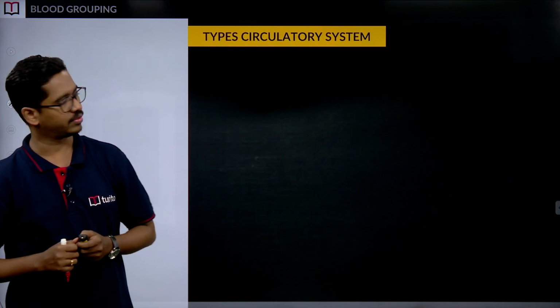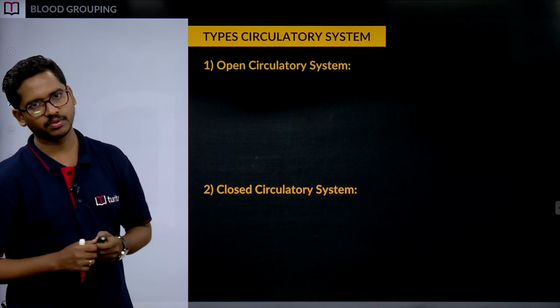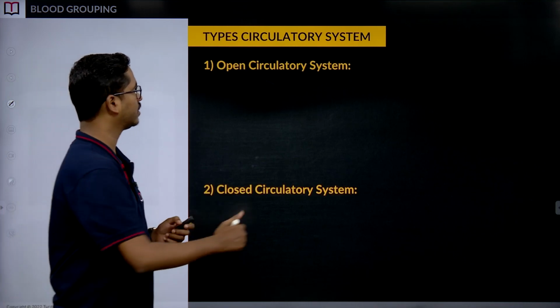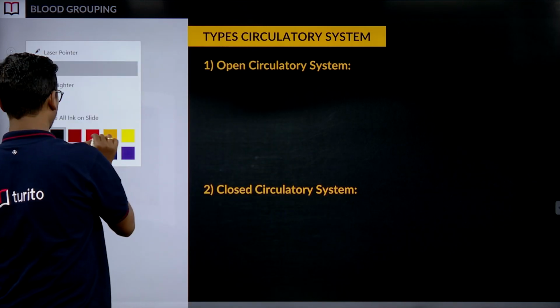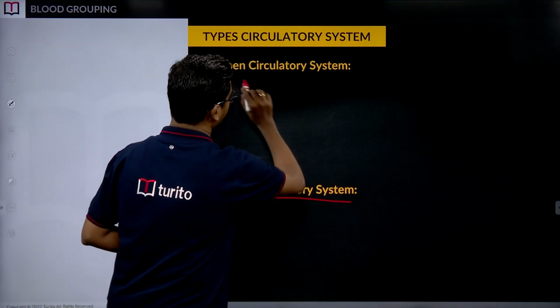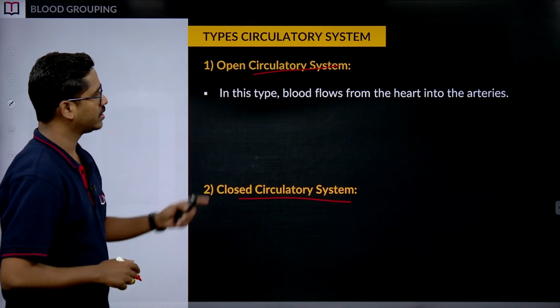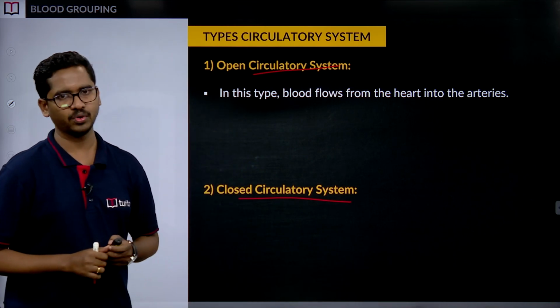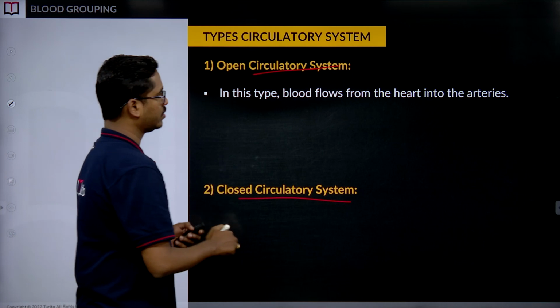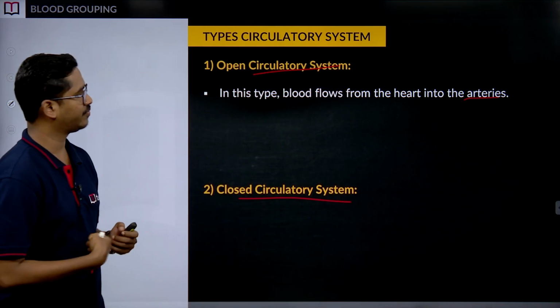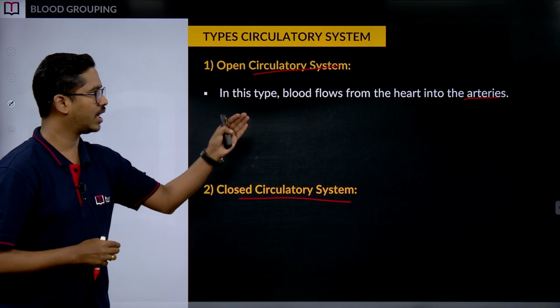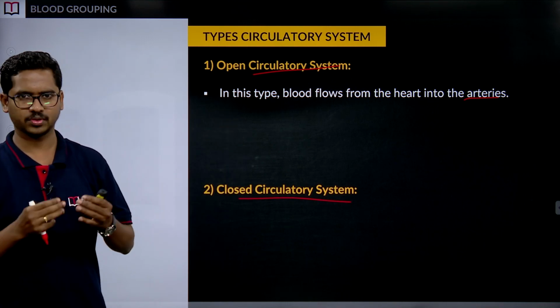In different organisms there are different types of circulatory systems, starting with open circulatory system and the second one is closed circulatory system. In the open type, blood flows from the heart into the arteries, that is common.